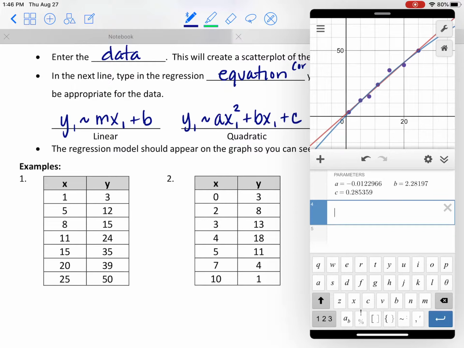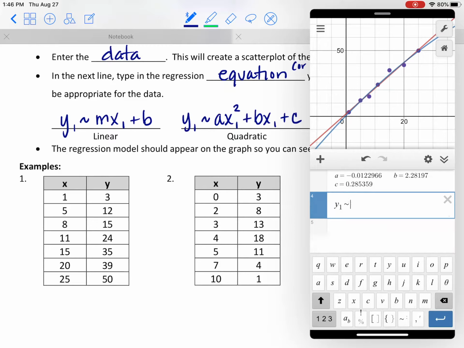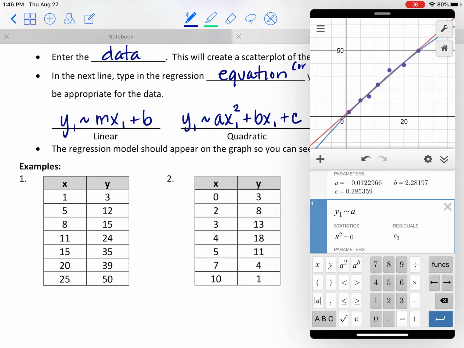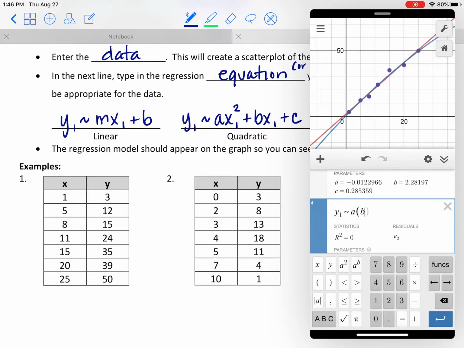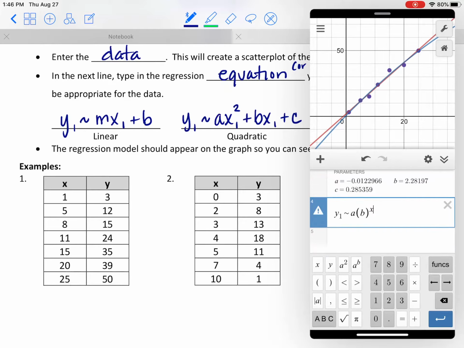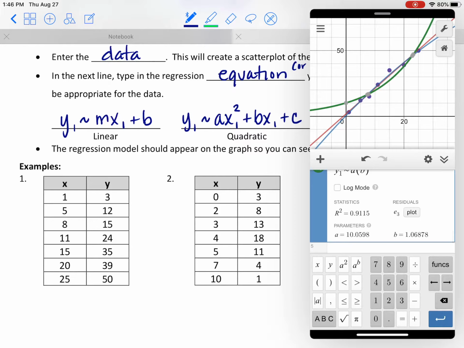Now let's try the exponential. So y, 1, tilde, and then a, and then parentheses, b, and then raised to the x1 power. All right, so there it is, r squared at 0.9115.